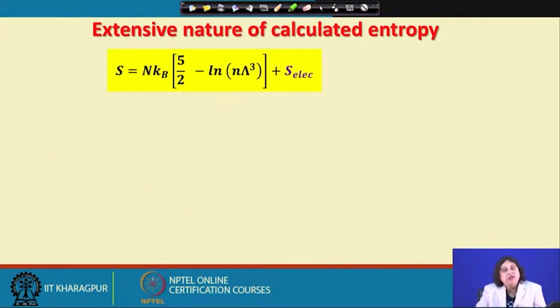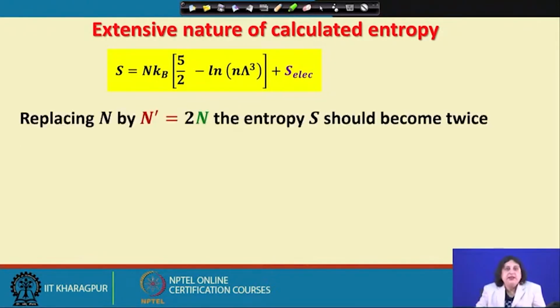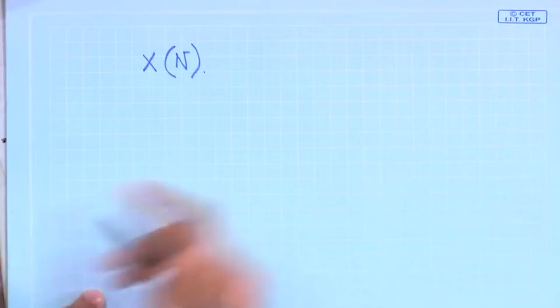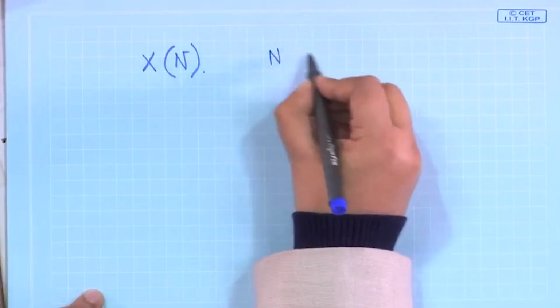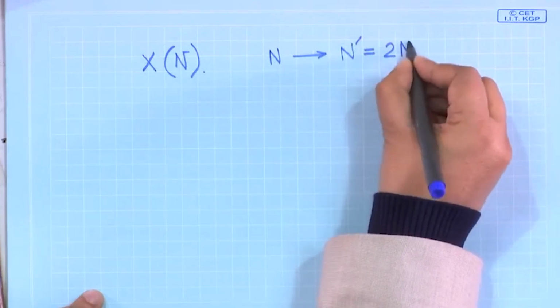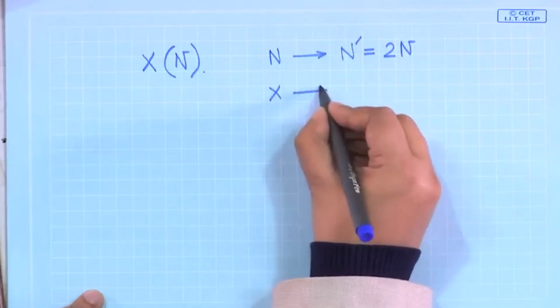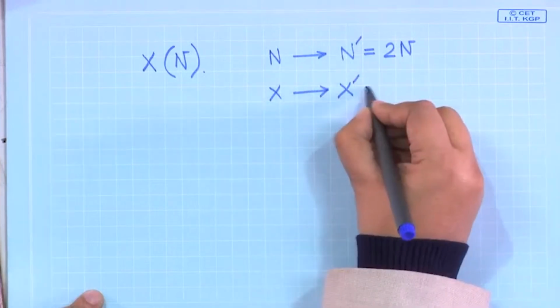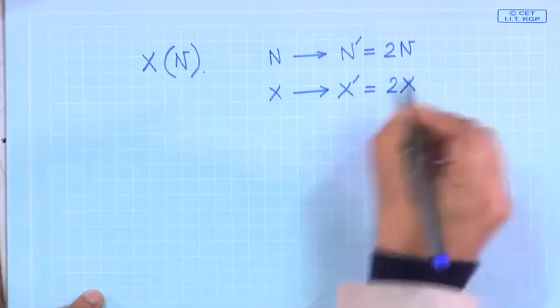So, the first thing that we check is the extensive nature of calculated entropy. We understand that if there is a property X which is an extensive property, then it must be a function of capital N in such a way that if I replace N by N' and N' is equal to 2N, then X will be replaced by X' such that X' would be equal to 2X.